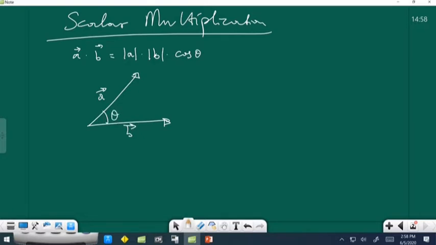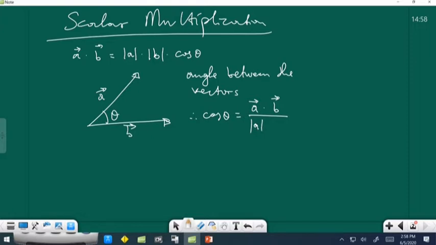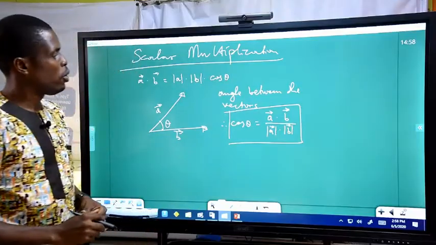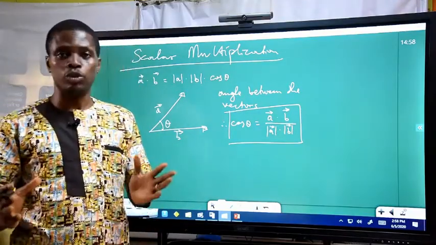To find the angle between the vectors, we use the scalar multiplication concept. And that is, we have cos theta is equal to vector A dot vector B divided by the modulus, or absolute value, of A and the absolute value of B respectively. So we have this equation for finding the angle between 2 vectors.